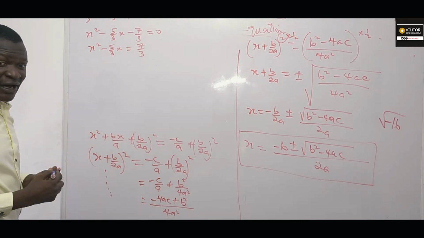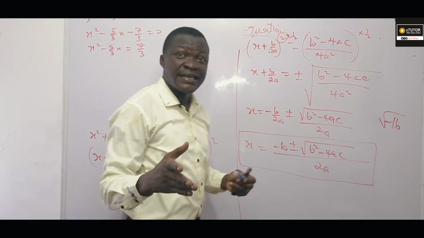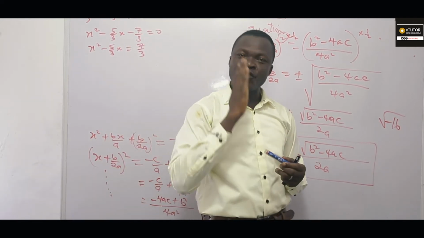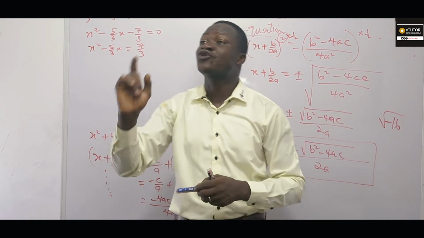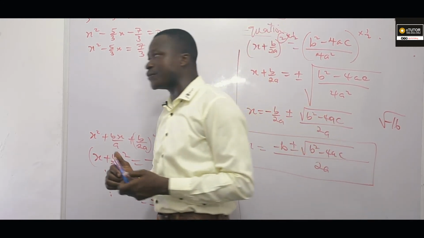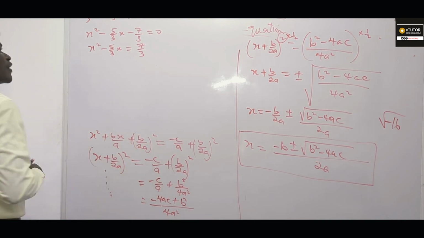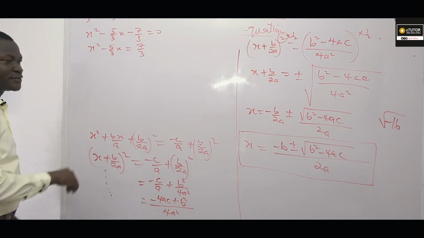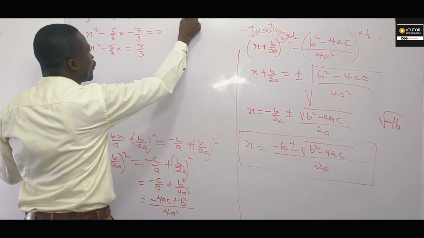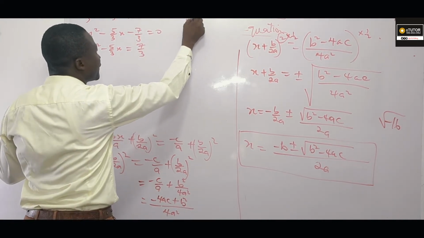Third step. That was what I told you, that step is very, very important. It says half the coefficient of x, square it, and add it to both sides. So let's go. What is the coefficient of x here? The coefficient of x is 5 over 3. Let's compute it. 5 over 3, half it.